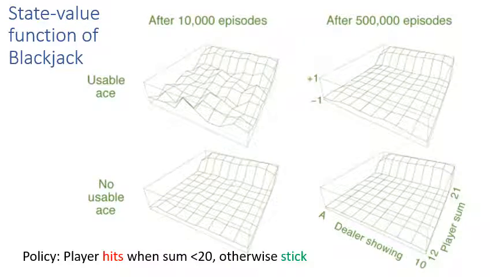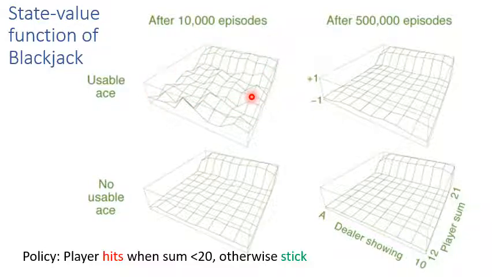The state value function of blackjack will look like this. If we can use the Ace as 1 or 11, then the fluctuation of the state value function will be larger, right? Which is straightforward. After 10,000 episodes, we can see that it's still unstable.